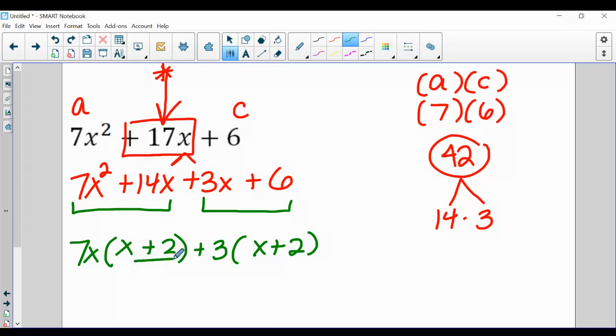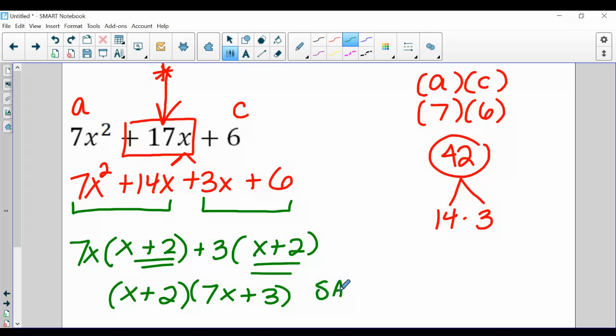And if you notice, we have the matching binomials that we want, so we'll factor that up to the front, our greatest common binomial factor, and we'll be left with 7x plus 3, which is the same answer that we just got with the other method. You also have the choice to do trial and error, but this saves you some time. And you may like this method because you feel comfortable with factor by grouping.